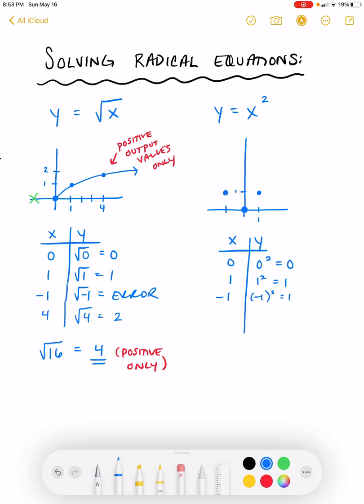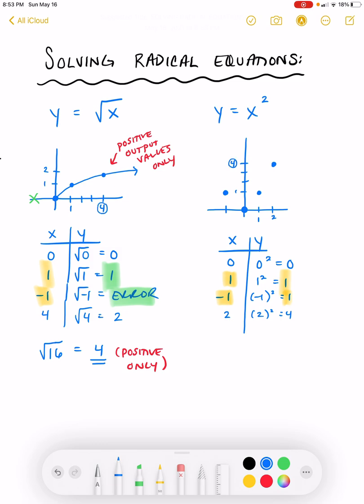What's happening here is a negative and a positive are producing the same output, whereas over here, a positive 1 and a negative 1 produced different outputs. So that is one reason to see why sometimes we need the plus or minus and sometimes we don't. When we plug in 2 squared, we get 4. So we move 2 units and we go up 4. And it's not by mistake that the x value here becomes the y value here.